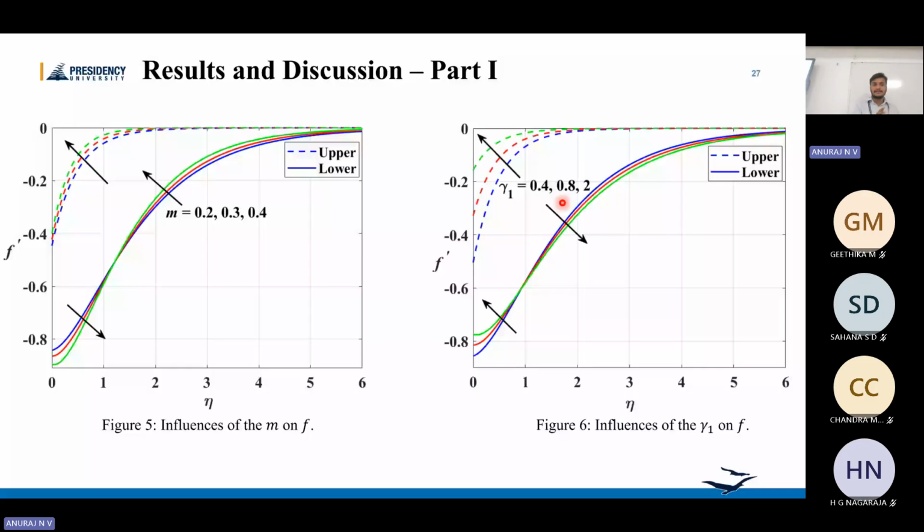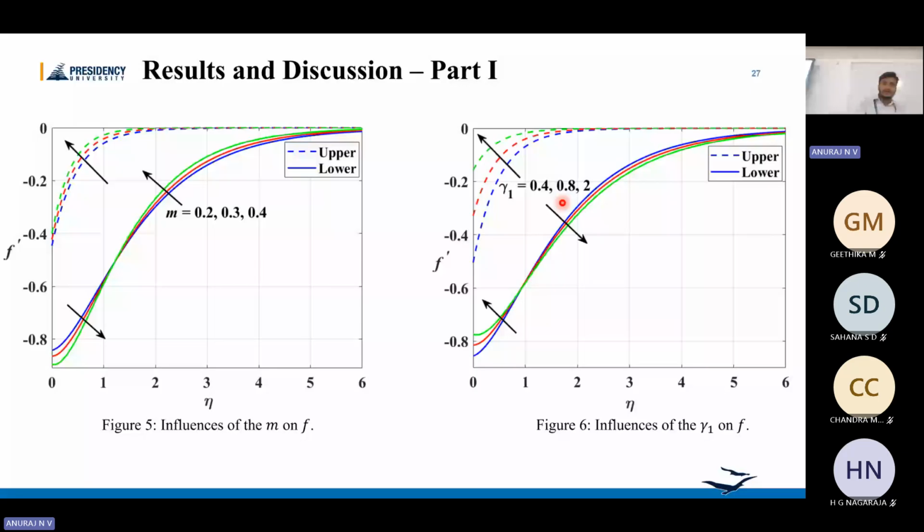What is the difference here? When m increases, we saw in the governing equation it is 1 minus m. 1 minus m means that as m increases, the term is decreasing, which means viscosity is decreasing. When viscosity decreases, obviously the velocity will increase. That is why velocity increases.